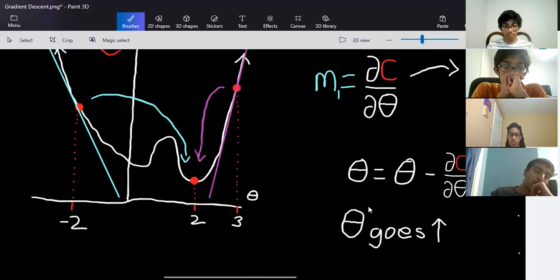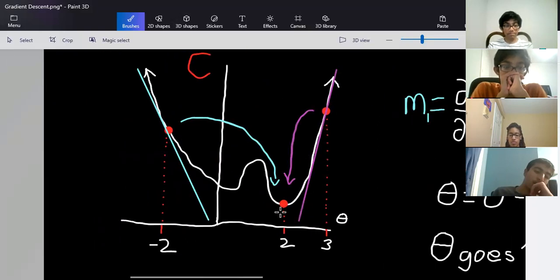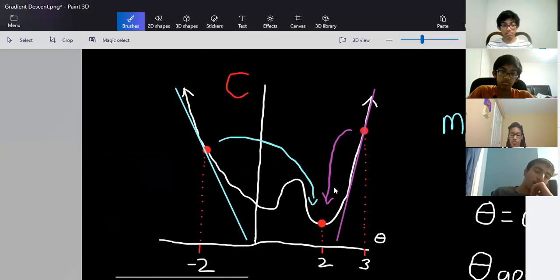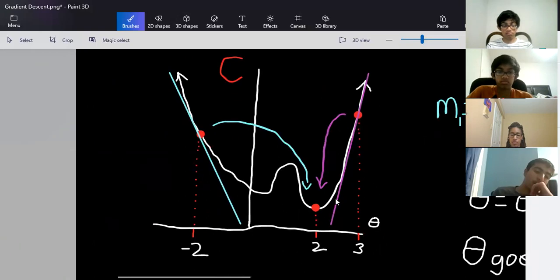I'm making you note this based on patterns and observations, but in one of the past lessons, the visualization lesson, there is a link in the description of that recording that explains exactly why this is the case. For now, I'm hoping it makes sense that we can use these derivatives at different points to figure out how to get towards a lower cost. How do we change the theta parameters so that we get a lower cost? Is this making sense? Any questions so far?